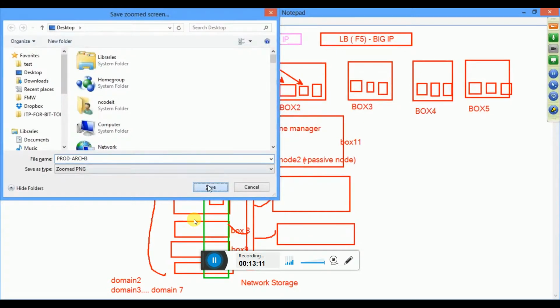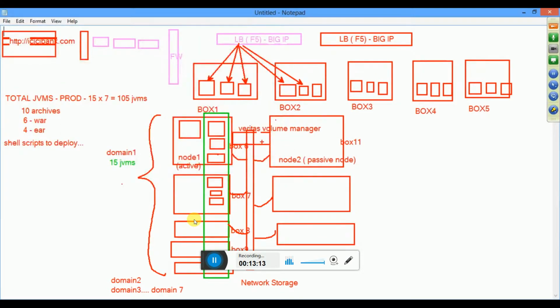If node 1 fails, the Veritas software is installed on both, so node 2 will detect that node 1 has failed, and it will execute all the commands that we have configured. When Veritas is configured, which happens during the initial phases of the project, the system administrators will ask you: we are setting box 6 and box 11 in a Veritas cluster.